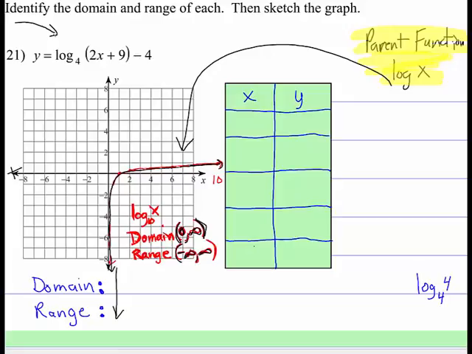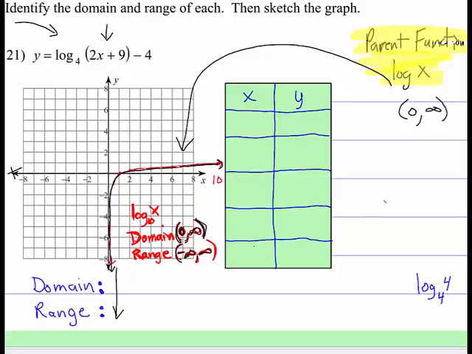So notice in the parent graph, the domain is all the values greater than 0, which is indicated by this interval notation. So you just have to figure out what value for x will cause the inside of those parentheses to be 0.